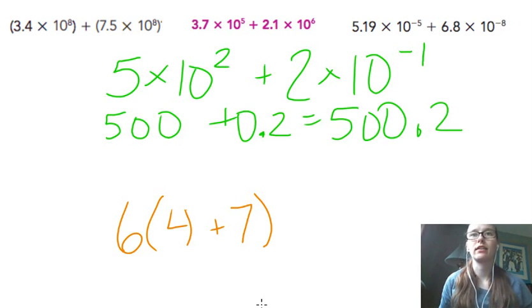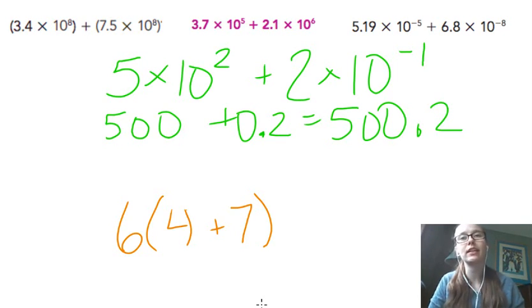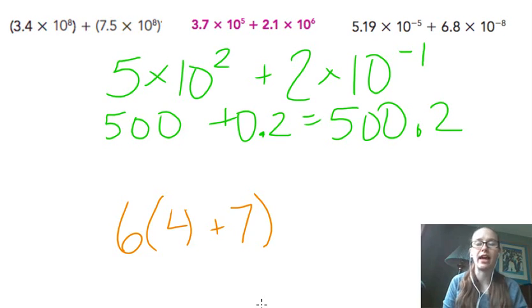Looking at the original problem, I can't just do 5 plus 2 to get 500.2, and I can't just add, multiply, or anything with those exponents because we have no exponent rule for when I add with the same base. This is where the distributive property comes in handy with my orange problem.